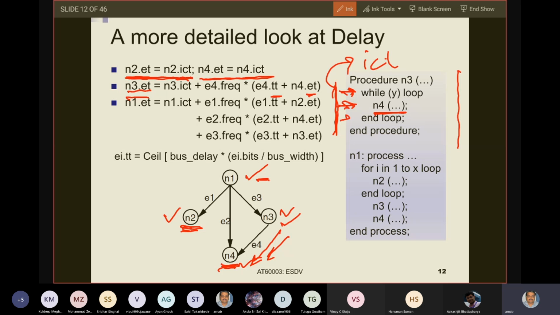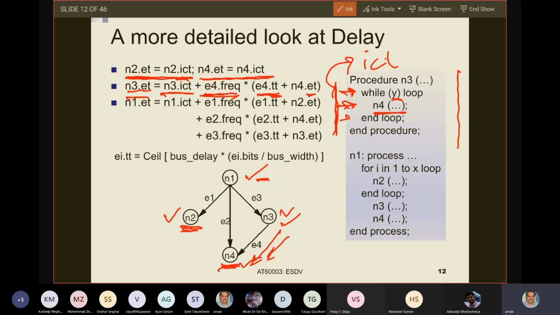Firstly, the internal computation time of n3 plus e4.frec. That means if this is a loop, n3 calls n4 multiple times. So e4.frec gives me the number of times n3 calls n4. For each of these times, e4.frec times, it must incur a transmission time e4.tt.